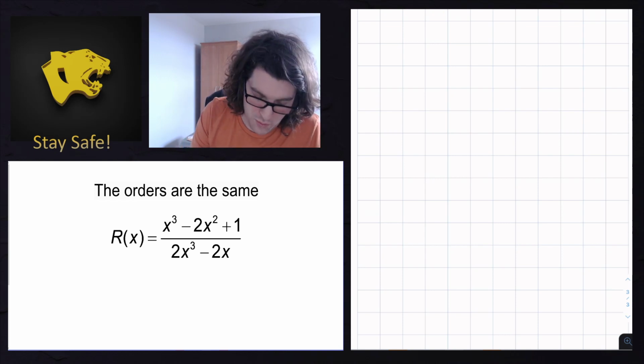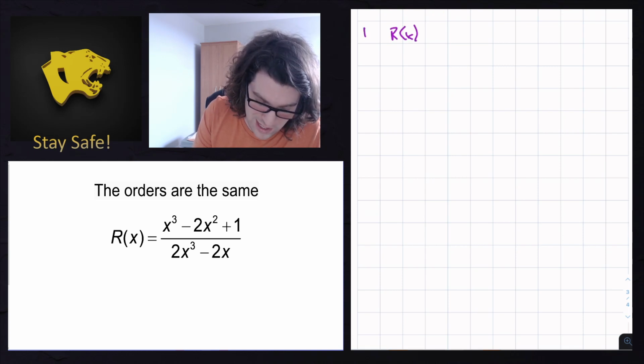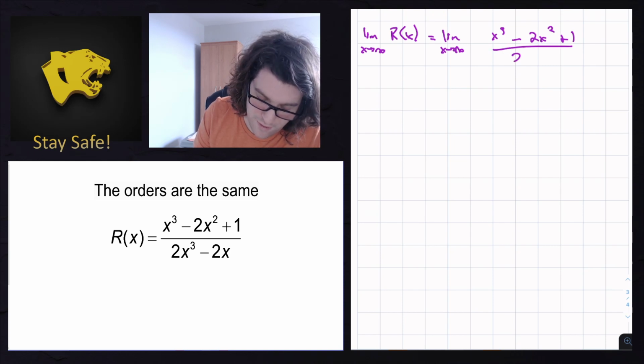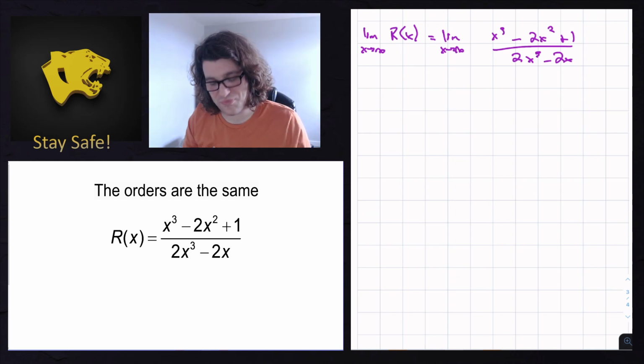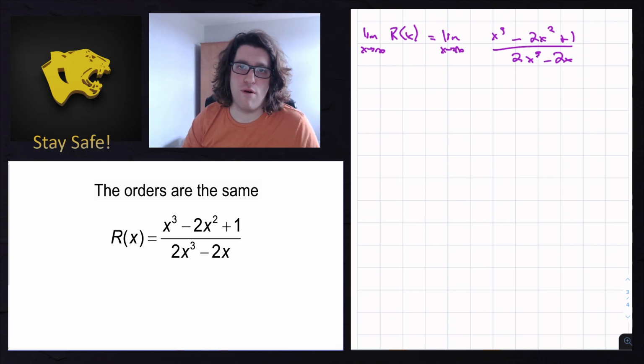So we have seen that if this is true and you are looking for the limit as x approaches infinity of r of x, which in this case is the limit as x approaches infinity of x cubed minus 2x squared plus 1 over 2x cubed minus 2x, you look at the ratio of the coefficients.